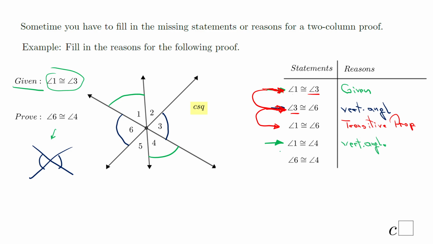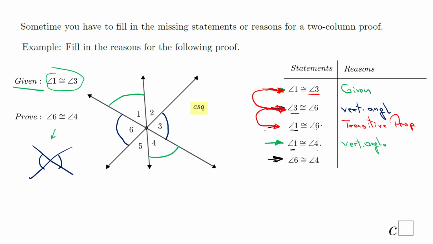And now let's see. How do we get this last statement, which is what we need to prove? Again, you notice angle 1 congruent with angle 6, angle 1 congruent with angle 4. The same angle 1. So obviously these two need to be congruent, right?